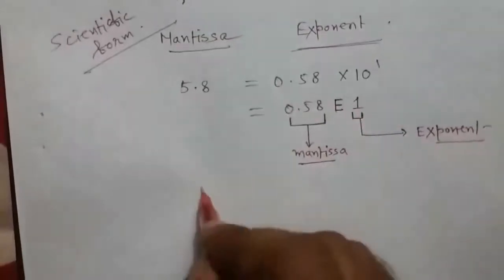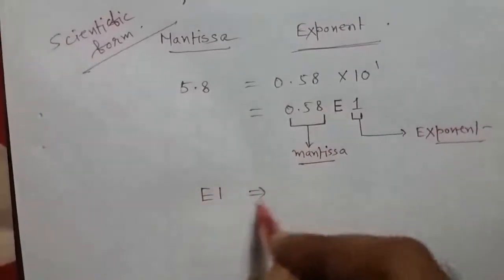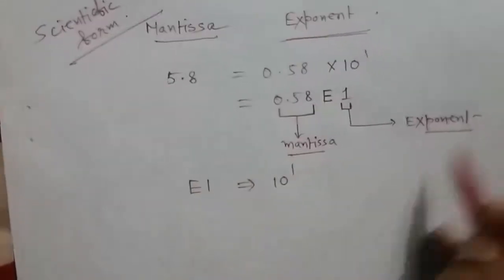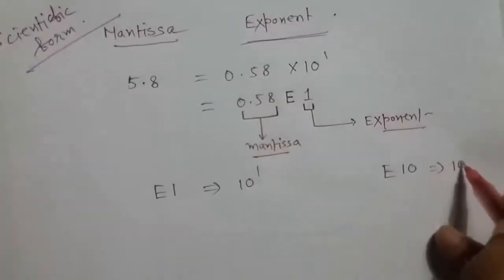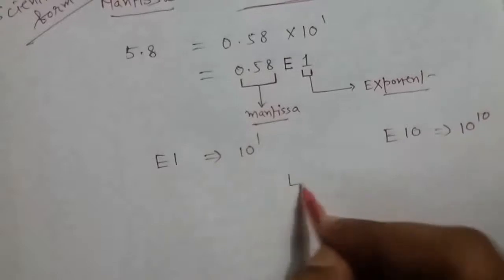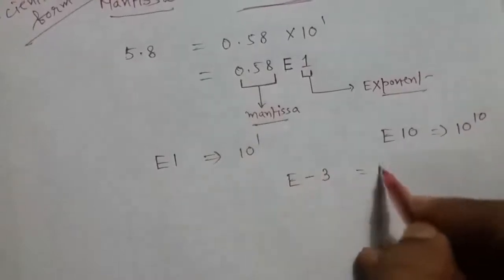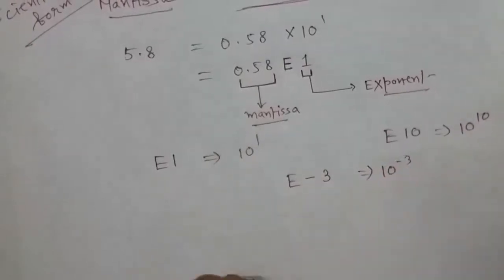Here E1 actually means 10 to the power 1. If I write E10, that means 10 to the power 10. If I write E minus 3, that means 10 to the power minus 3.